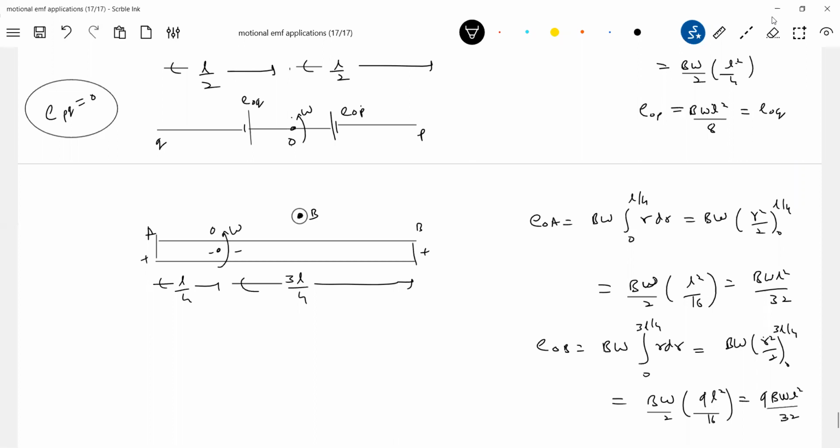So what is the effective EMF induced? B will be at higher potential. So EBA should be the difference of that, B omega L square by 4.